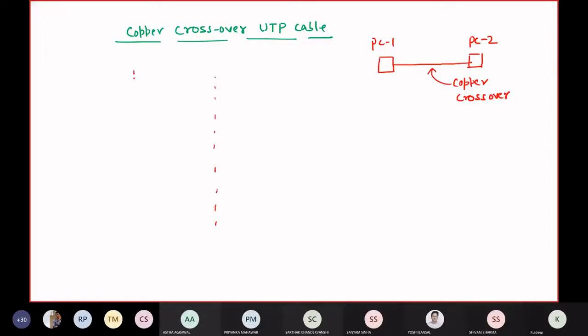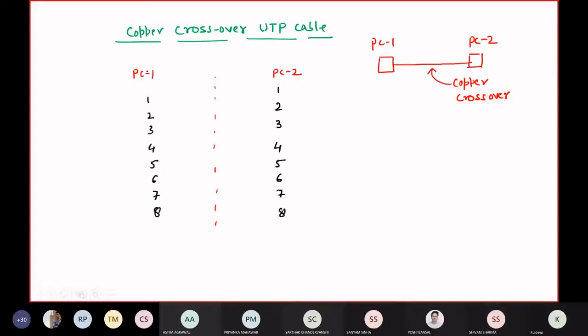Here I am having PC1, here PC2. Again here if I write all the pins, in PC1: 1, 2, 3, 4, 5, 6, 7, 8. Total 8 pins are there. In PC2 also 1, 2, 3, 4, 5, 6, 7, and 8 pins are there, right?